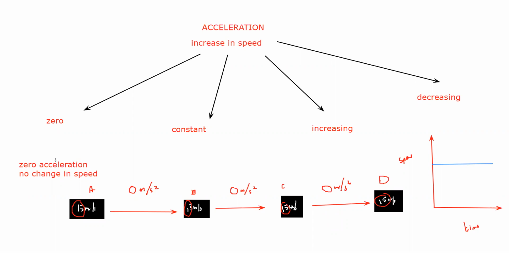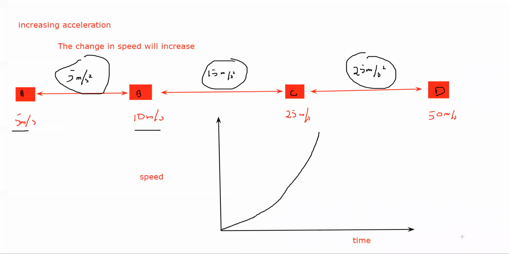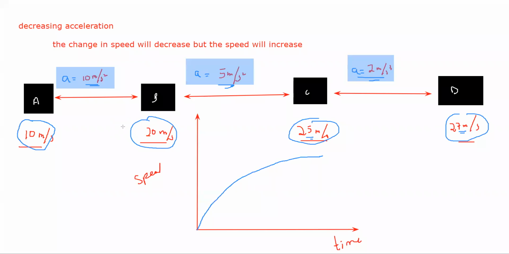Acceleration 0 here means the constant speed. This is where speed is increasing, but the acceleration is constant. Here the speed is increasing as well as acceleration is increasing. The last part, speed is increasing, but the acceleration is decreasing.